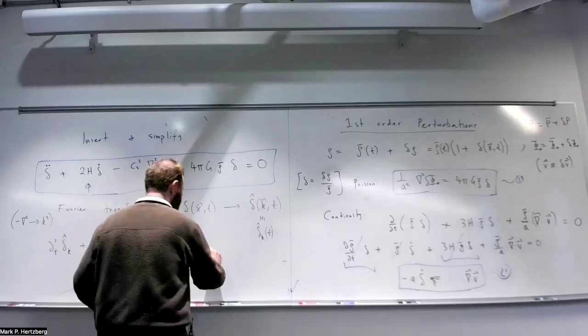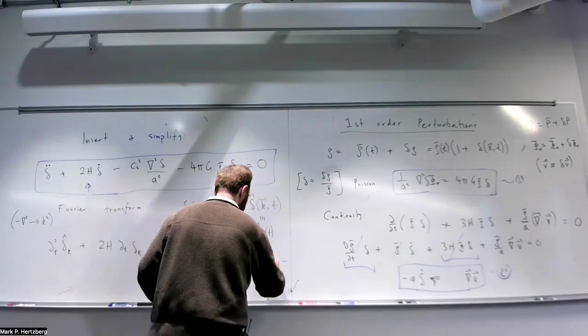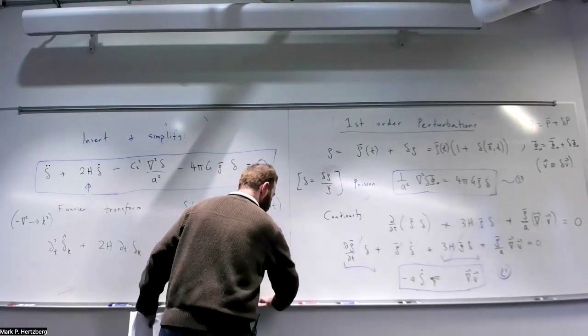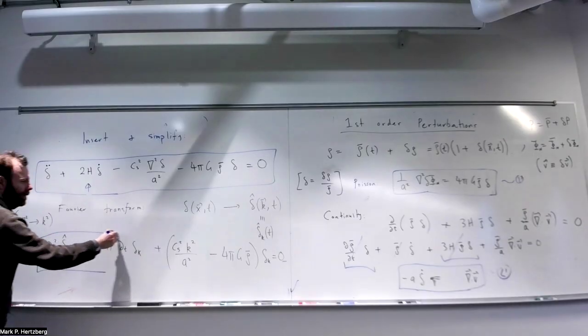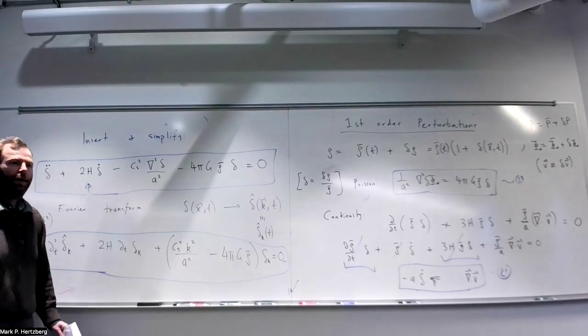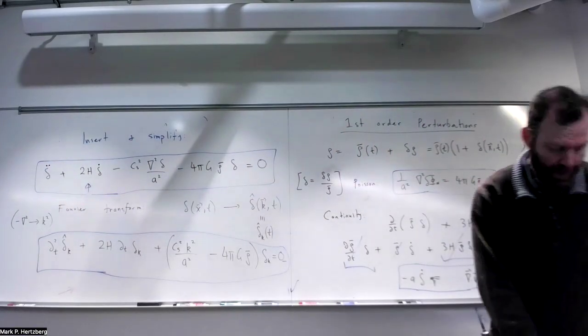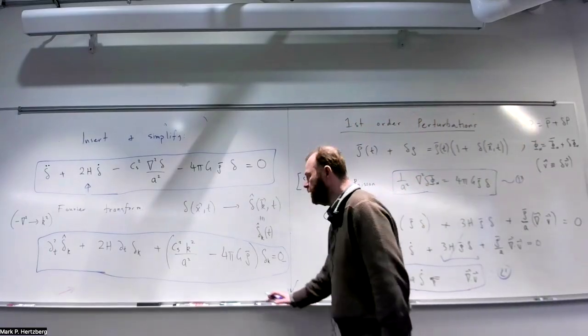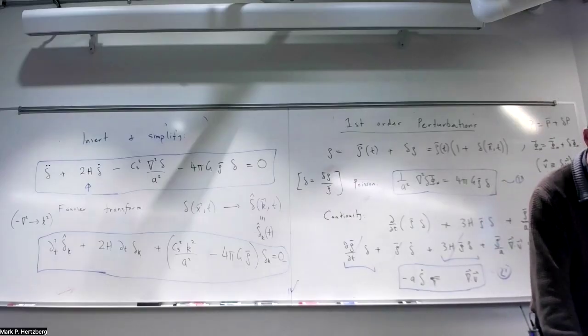Let's organize the last 2 terms inside of our brackets as we did before. Okay, so this is quite nice. So our density perturbation, the full one at first order in k space, just obeys this relatively nice second order ODE.